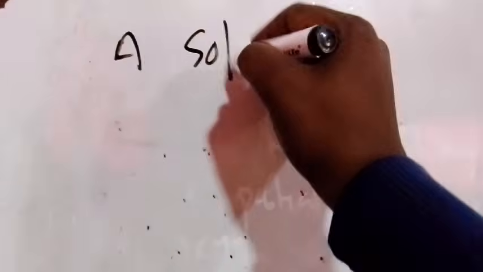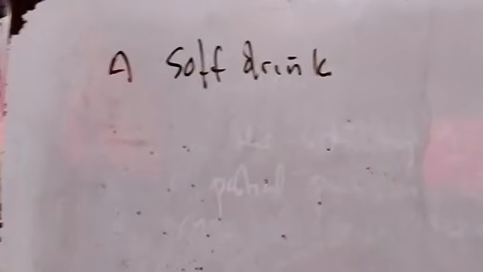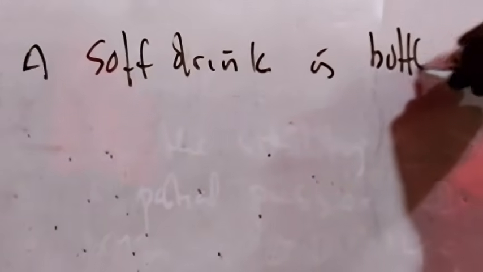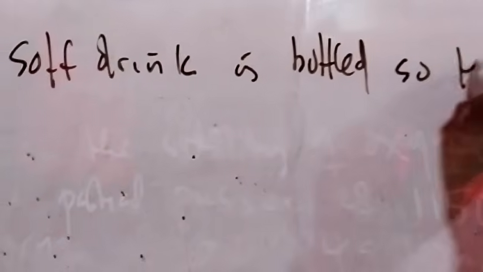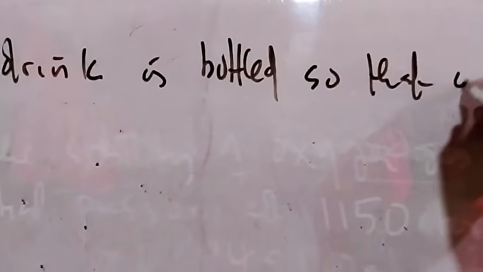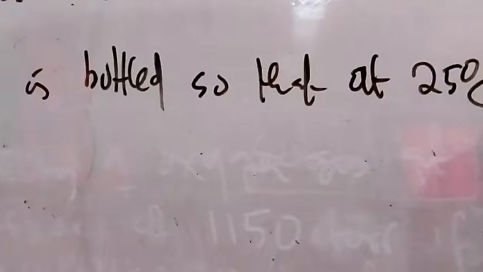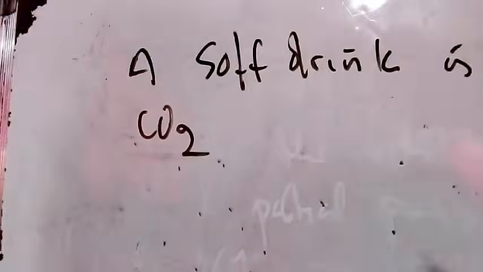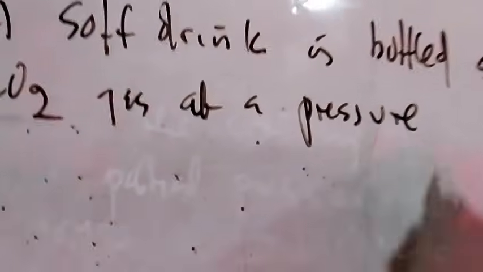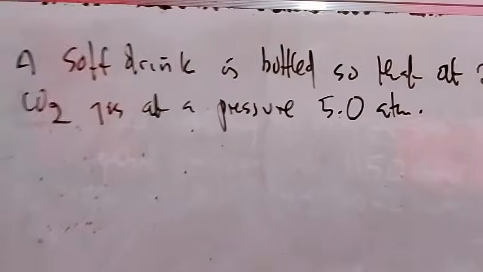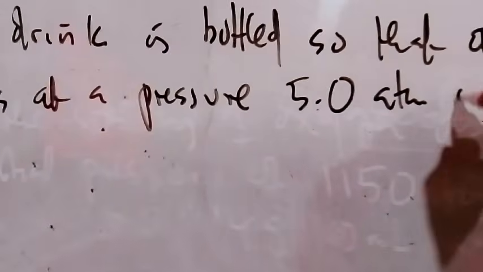A soft drink is bottled so that at 25 degrees Celsius, it contains carbon dioxide gas at a pressure of 5.0 atm over the liquid.